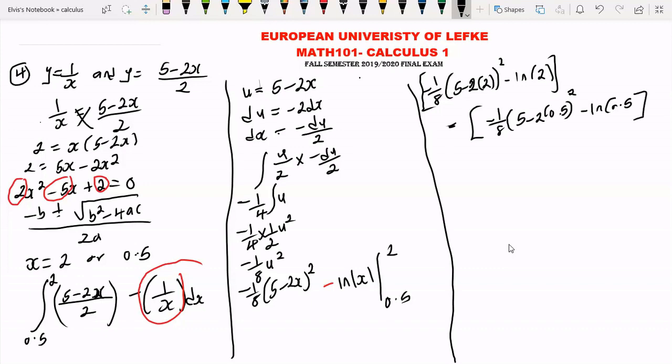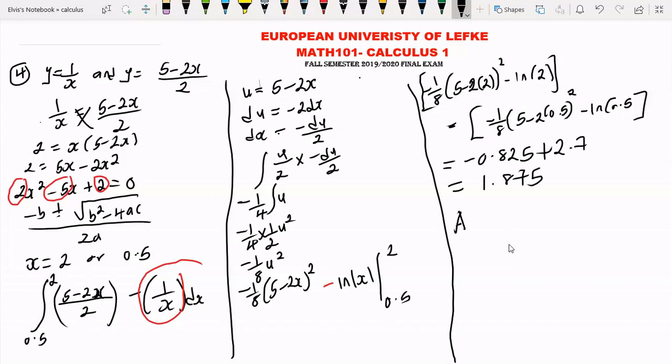Now, guys, you can easily use your calculator to get the answer. So using your calculator, you're going to find out that the upper limit is going to give us negative 0.825, and the lower limit is going to give us positive 2.7. So, guys, negative 0.825 plus 2.7 is going to give us 1.875.